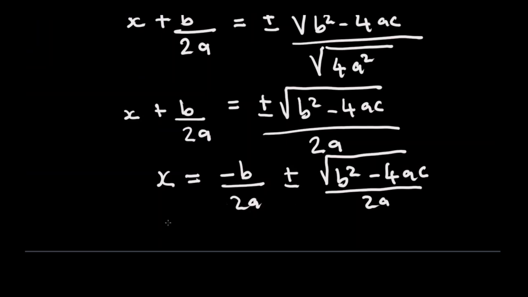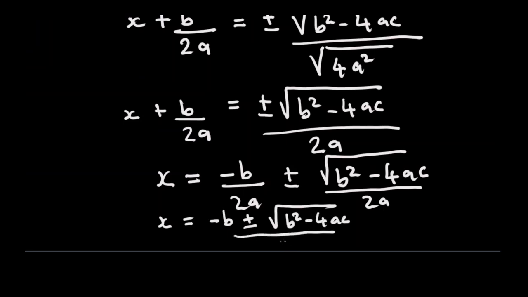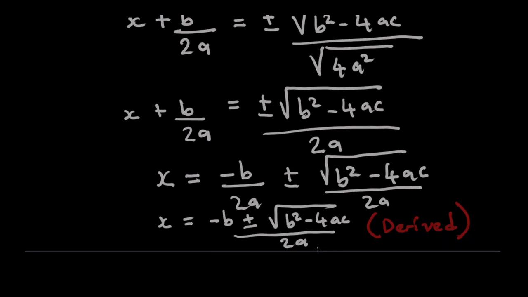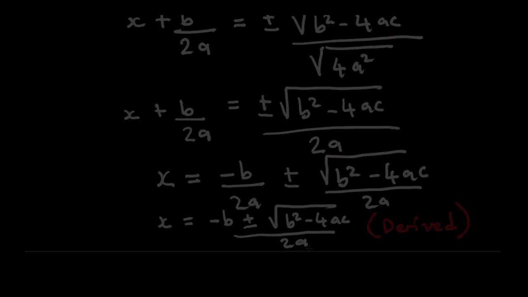Now, since the denominators are the same, this means that x is equal to minus b plus or minus the square root of b squared minus 4ac over 2a. And we can safely say we have derived it, because x equal to minus b plus or minus the square root of b squared minus 4ac over 2a is the quadratic formula.